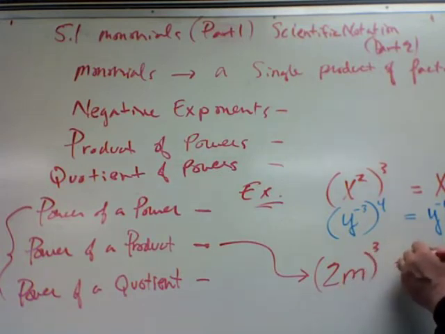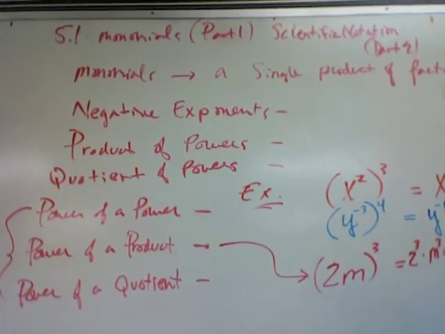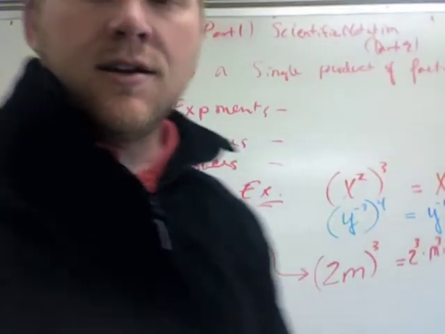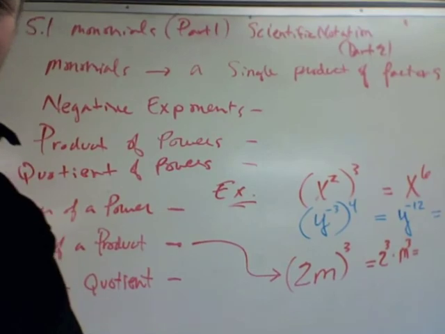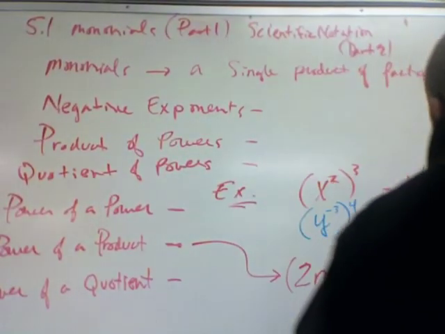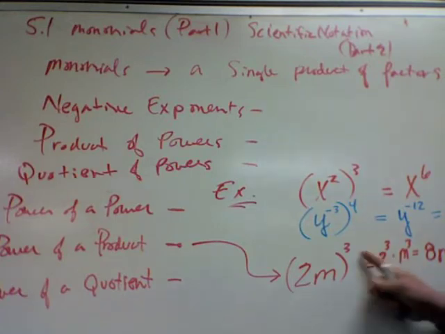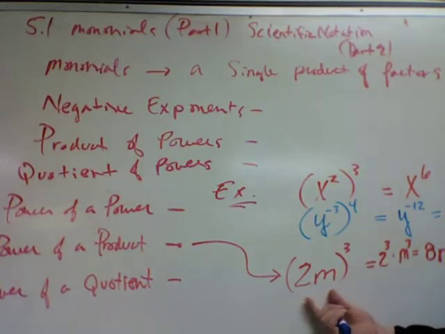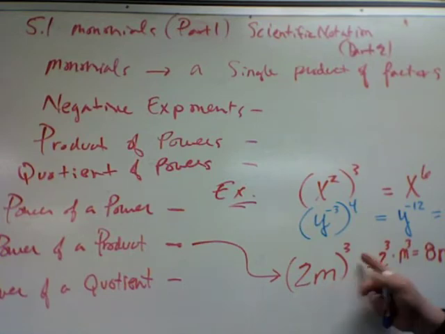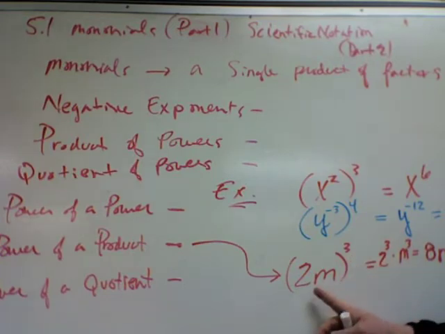So I end up getting 2 cubed times m cubed, which is equal to 8m cubed. There you go. So for a power of a product, the power needs to go to each factor in the product.